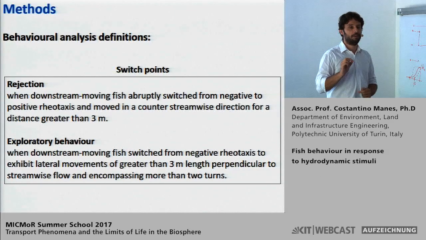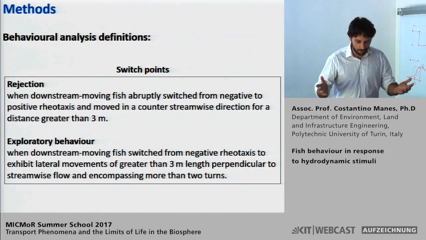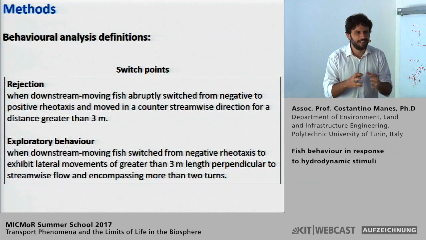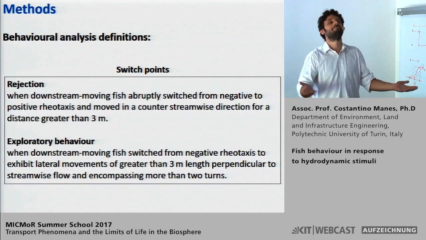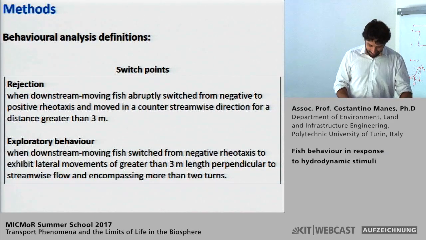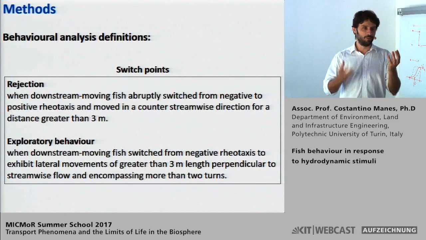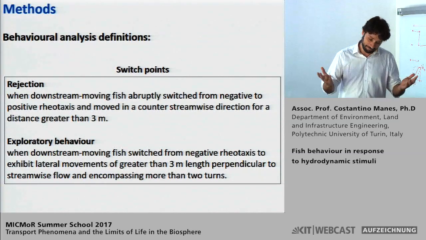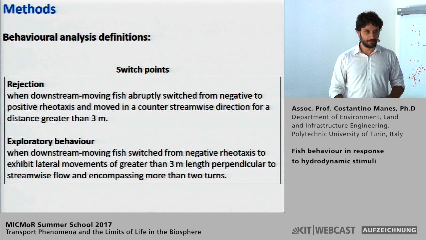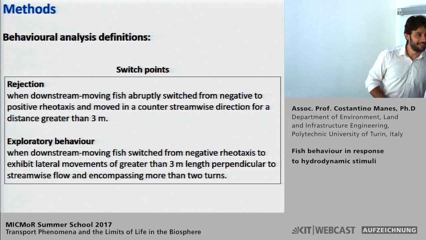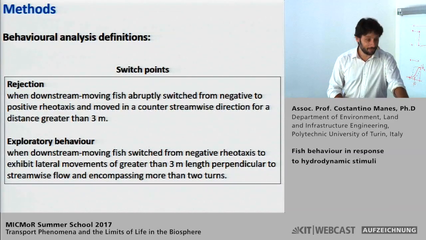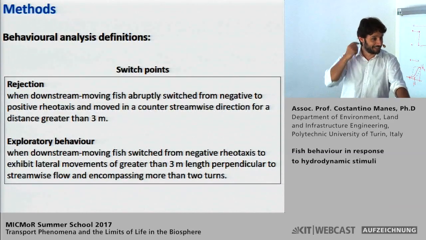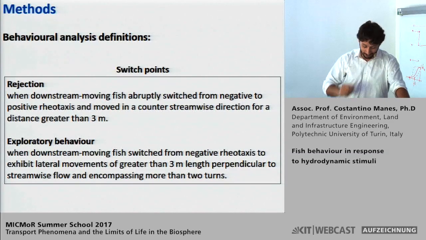You can interpret the behavior of a fish just by looking at the trajectories, but quantifying switch points in a rigorous, non-arbitrary way is very difficult. So this is the best we could do by matching intuition with quantification. It's definitely subjective. If you give the same data to somebody else, they would probably see something else. But this is one of the problems.